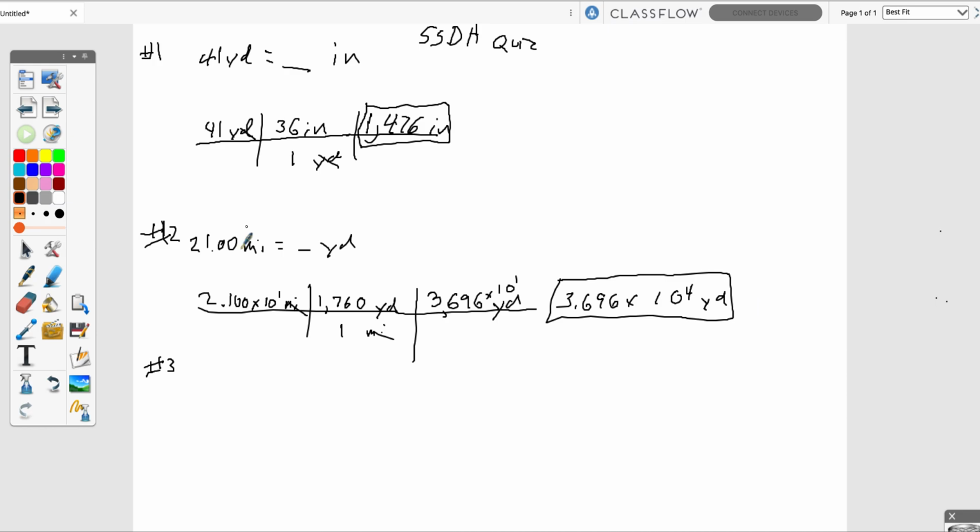Okay. So we were starting with 4.13, and this is MI for miles, equals how many feet? Okay. All right, you guys, so on this one, we're going to go 4.13 MI.